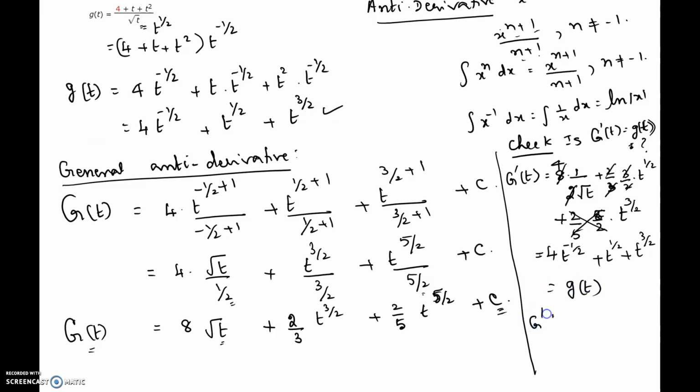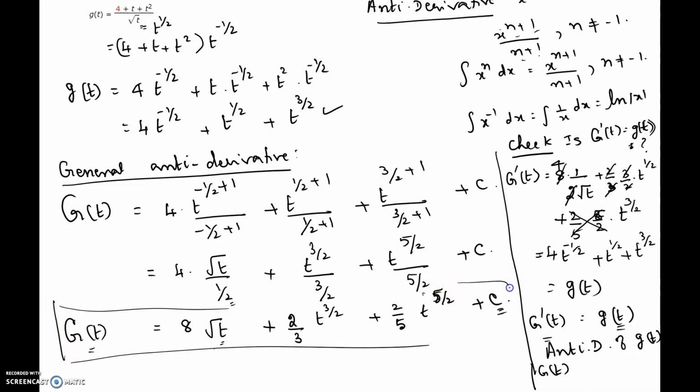So uppercase G prime of t equals lowercase g of t, which is the verification that uppercase G of t is actually the antiderivative. So the antiderivative of lowercase g of t is uppercase G of t, which is whatever we have written here, right? Hope this video helps.